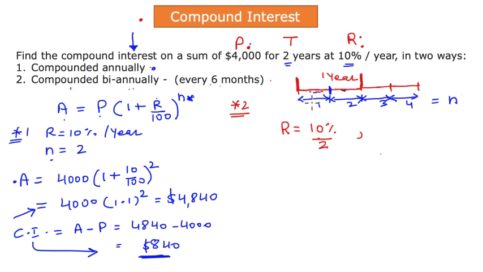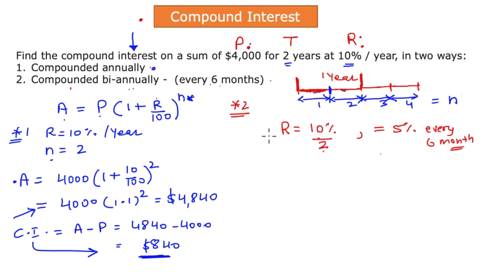We want a rate of interest for each compounding period, right? So I'll divide my rate of interest into 2 parts, and that becomes 5% every 6 months. That becomes my new rate of interest.